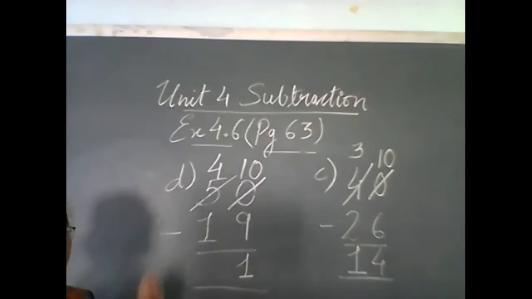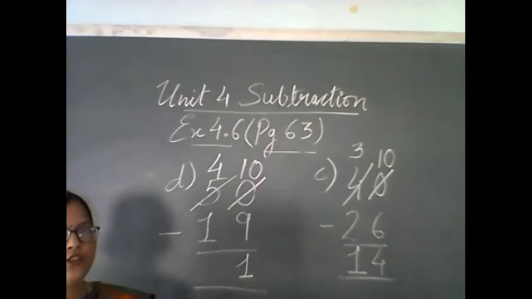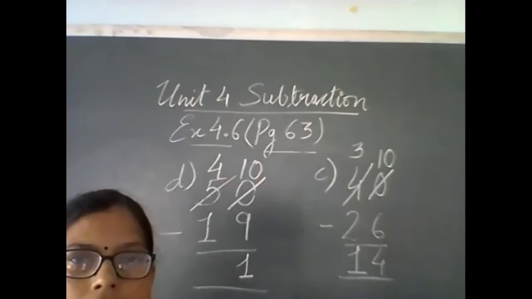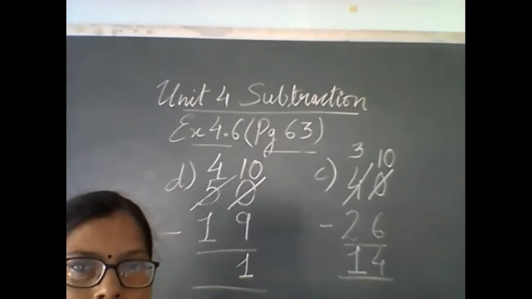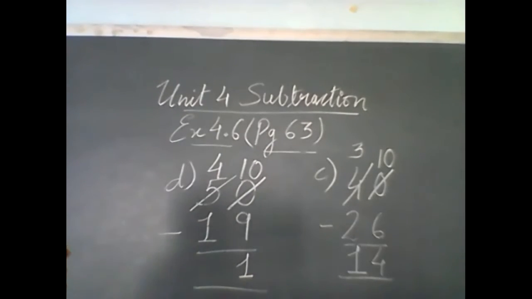Now again tell me, what is 4 minus 1? Anurag Yadav, second B. What is 4 minus 1? Show me your fingers. Very good, Kaustubh. Yes, Anurag. Show me your fingers. 4 minus 1. What will be the answer?